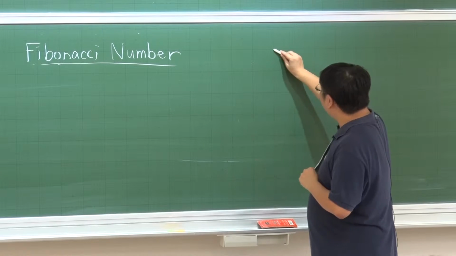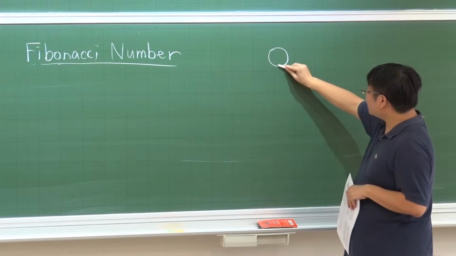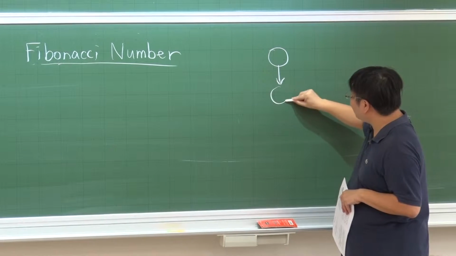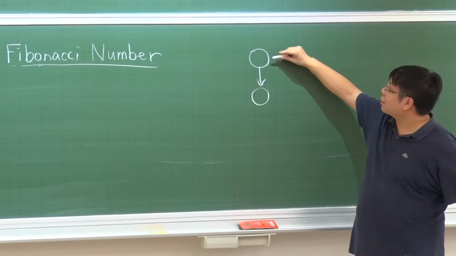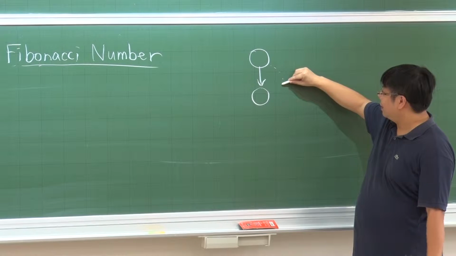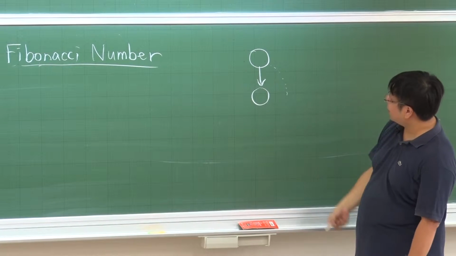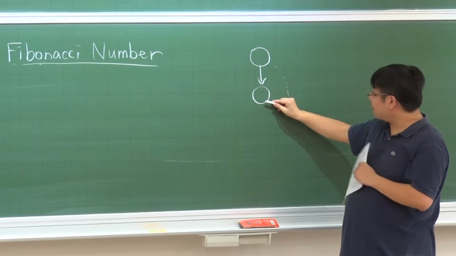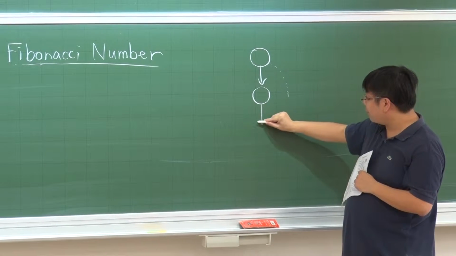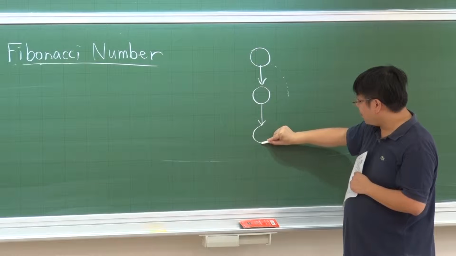So you start with one pair. Next month you get a new pair. And this pair, because they have just given birth, will take a break. This one is newborn, but after 1 month they will give rise to one pair of rabbits.